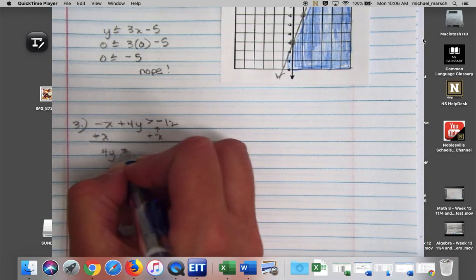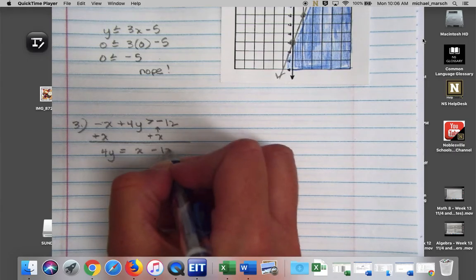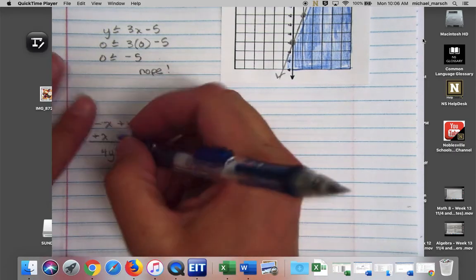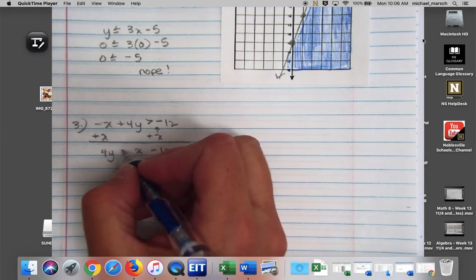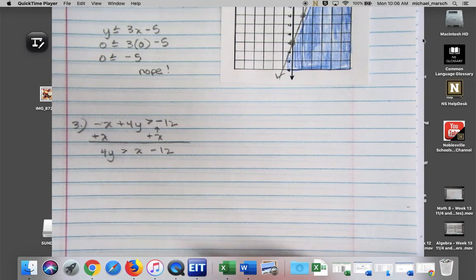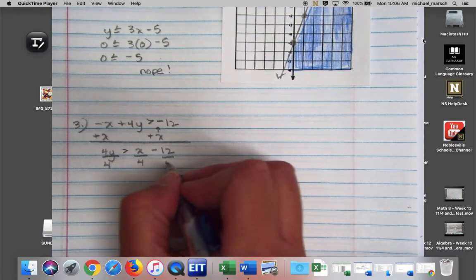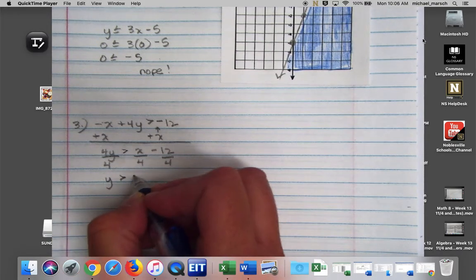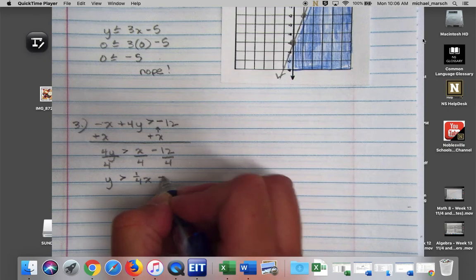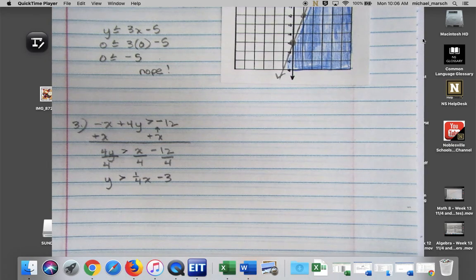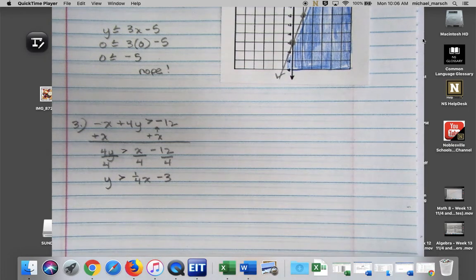So I've got 4y is greater than x minus 12. Not equals. Guys, I can't get over that. 4y is greater than. And then I'm going to divide everything by 4. So I'm going to get y is greater than 1/4 x minus 3. I didn't have to flip my sign because I did not divide by a negative.